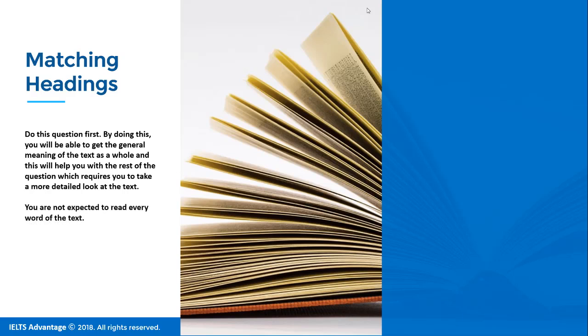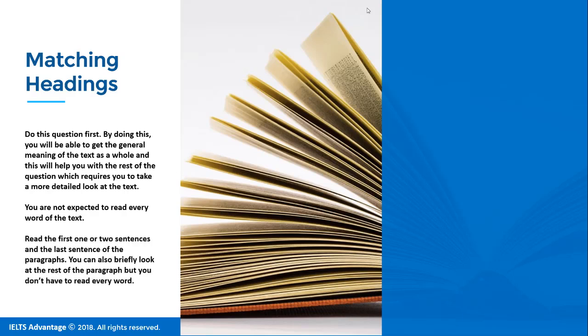You're not expected to read every word of the text. However, that doesn't mean that you should skim really quickly. Okay, so there's a balance here. There's a balance between not reading every single word, and what some students do is just read the first sentence, or just read the first sentence and the last sentence. It's not really about that.